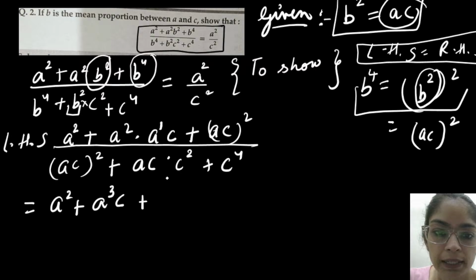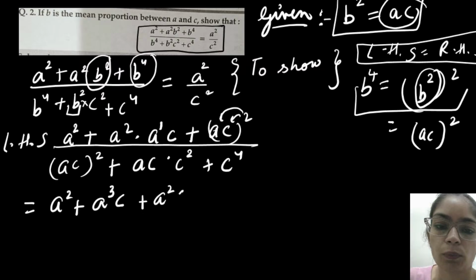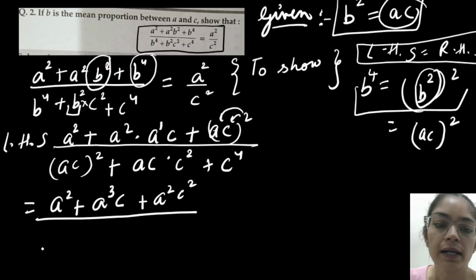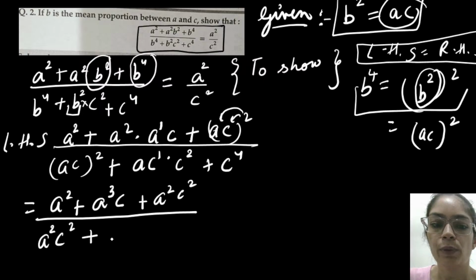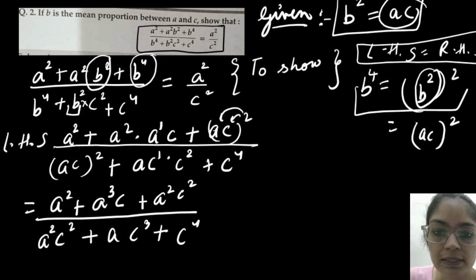Then c plus, see, this square is with both, so this can be simplified as a square c square. Then again AC whole square we can write as a square c square plus here c into c square, it will become c cube. It is just the simplification, c to the power 4.